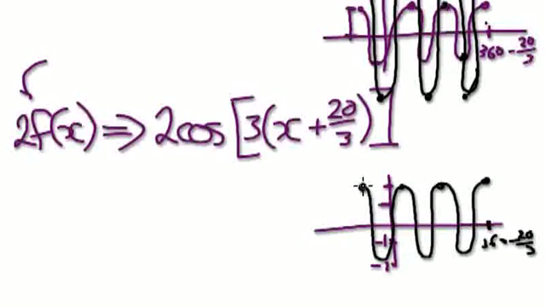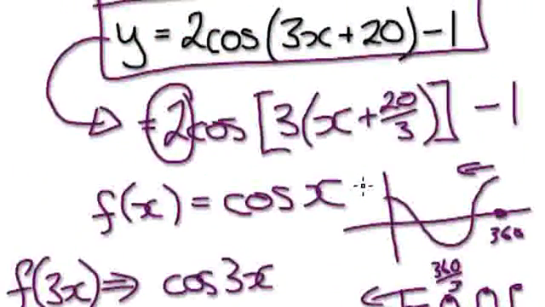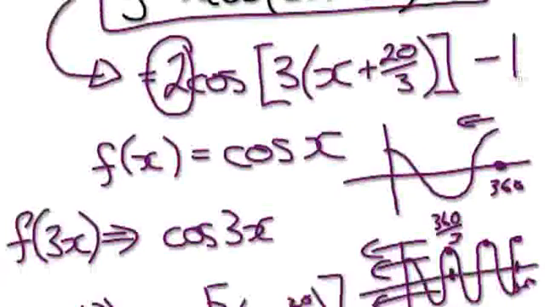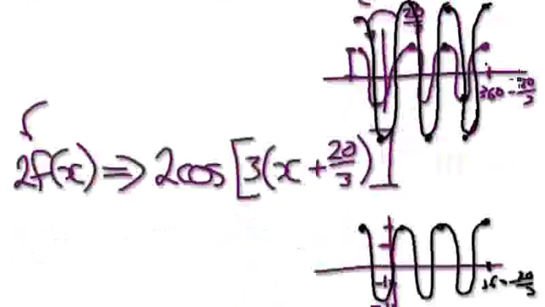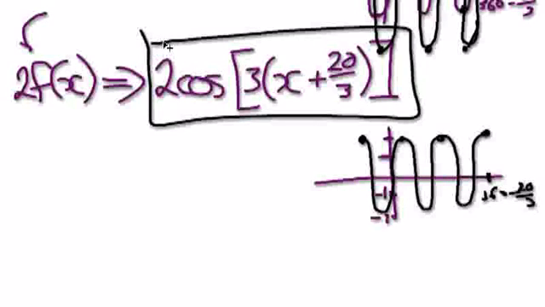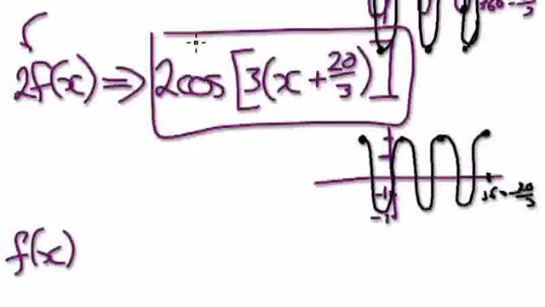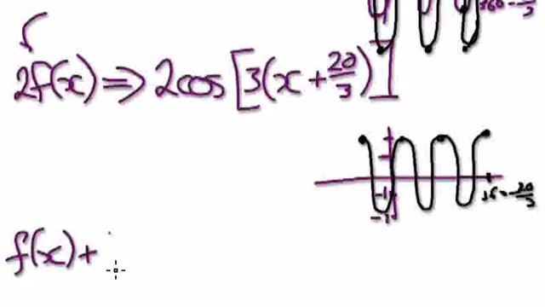Okay, let's have a look at this now. So what's our next transformation? We are currently here at the moment. Our next transformation would be f of x, so that's the whole thing here, and then what was it?